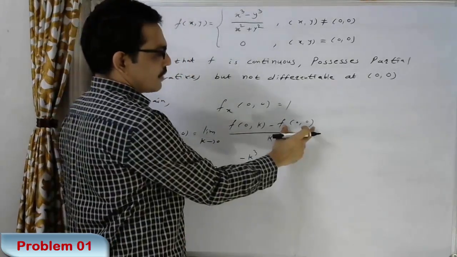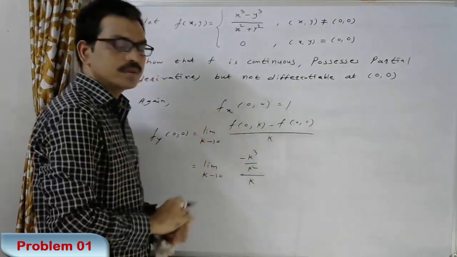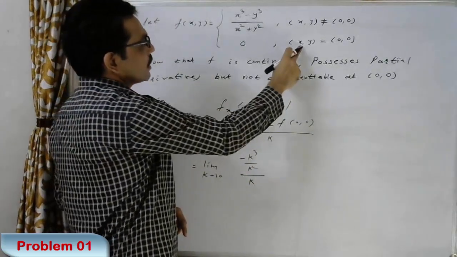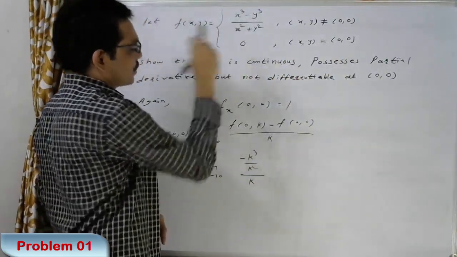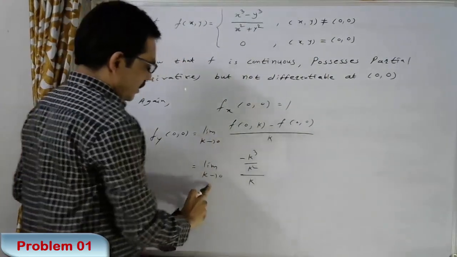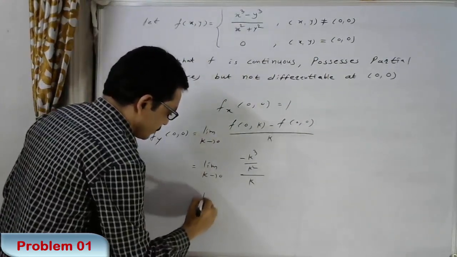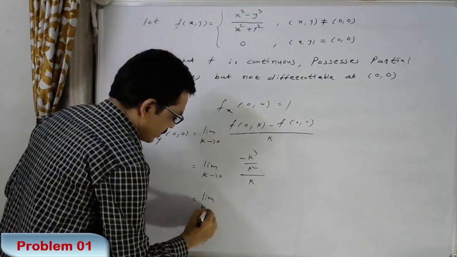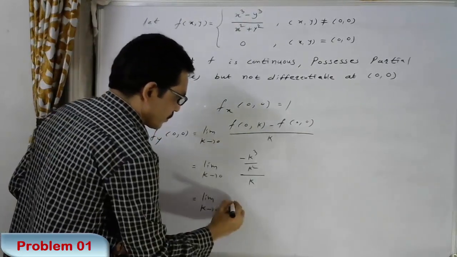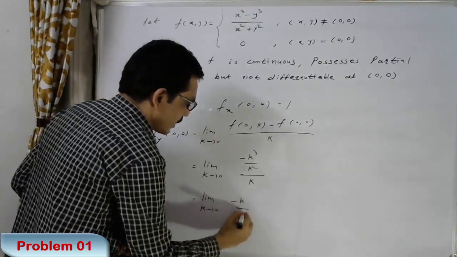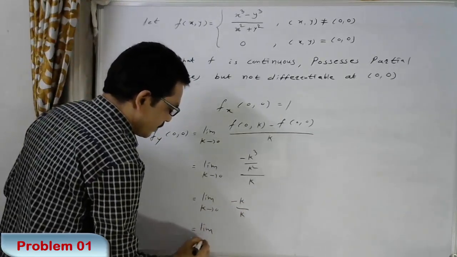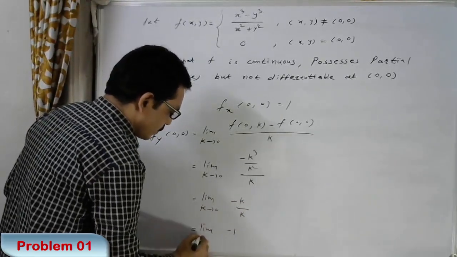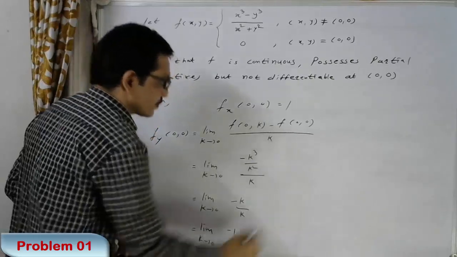The function f of (0, 0) is equal to 0, since x equals 0 and y equals 0, the value of the function is 0. Then this is equal to the limit as k tends to 0 of minus k divided by k, which is the limit of minus 1 as k tends to 0.